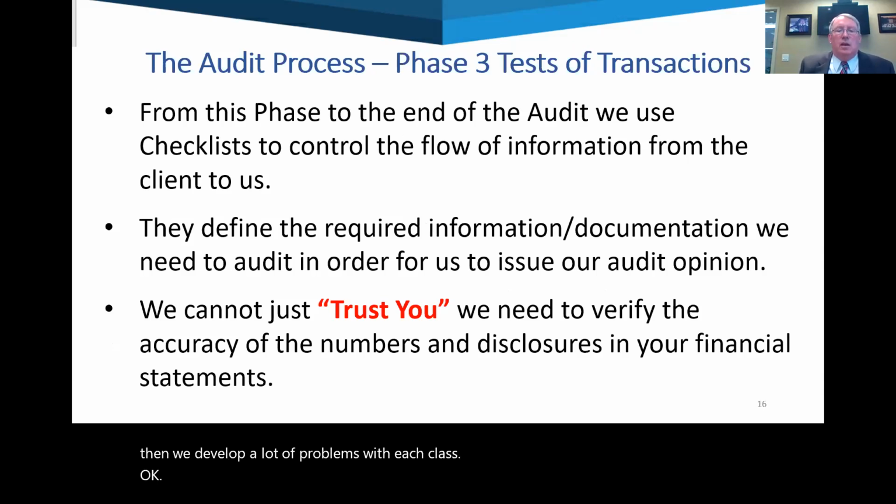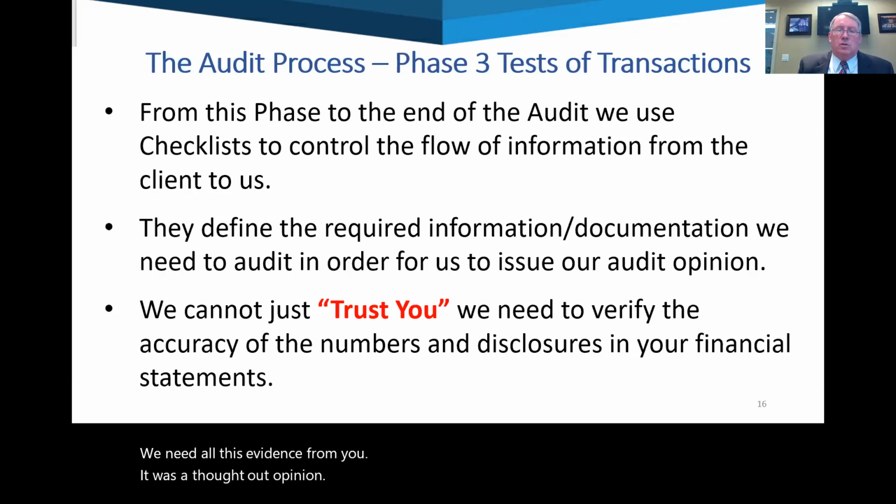Okay. From this phase to the end of the audit, we use checklists to control the flow of information from the client to us. So what we're doing at this point in time is saying, all right, we need all this evidence from you to support our opinion at the end for the work papers.